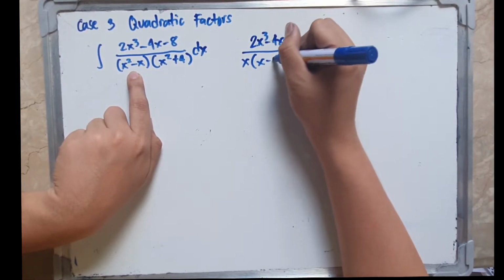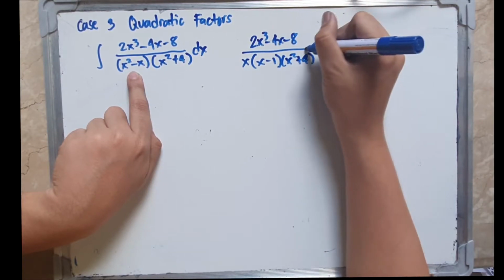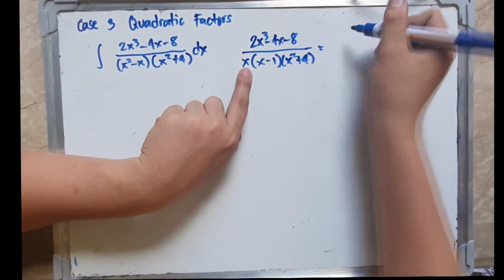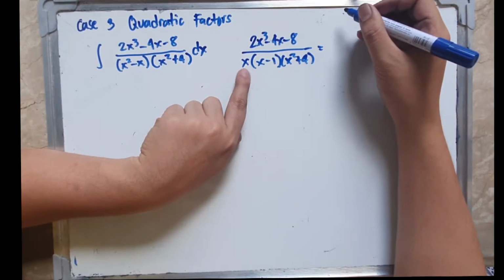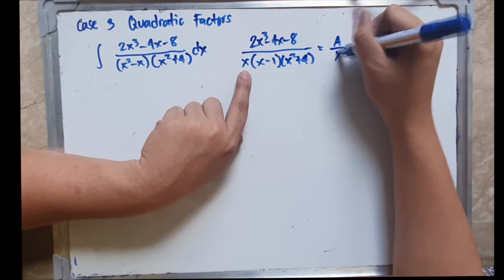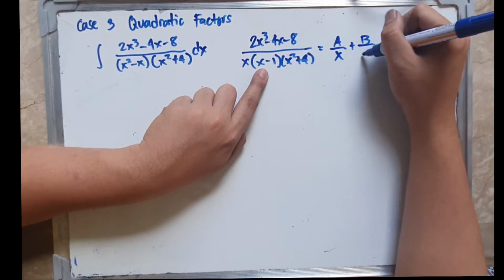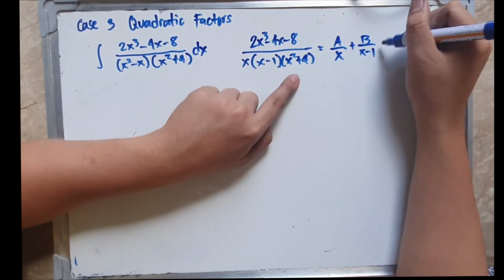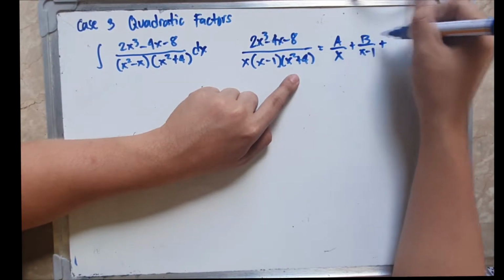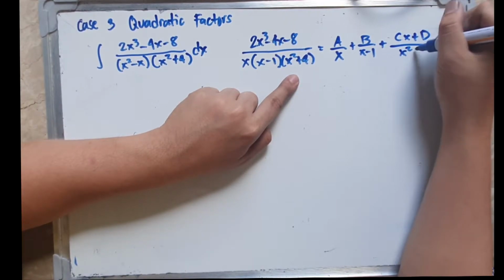We now have x, x minus 1, and x squared plus 4. So this could be equivalent to a linear, so the numerator should be a coefficient A over x, plus B over x minus 1, and we have a quadratic, so Cx plus D over x squared plus 4.